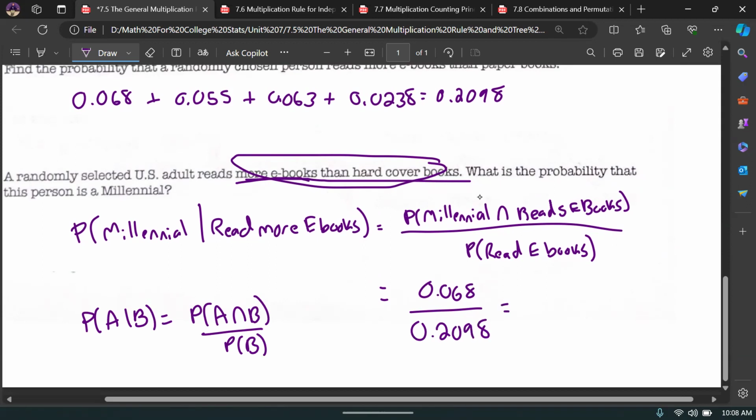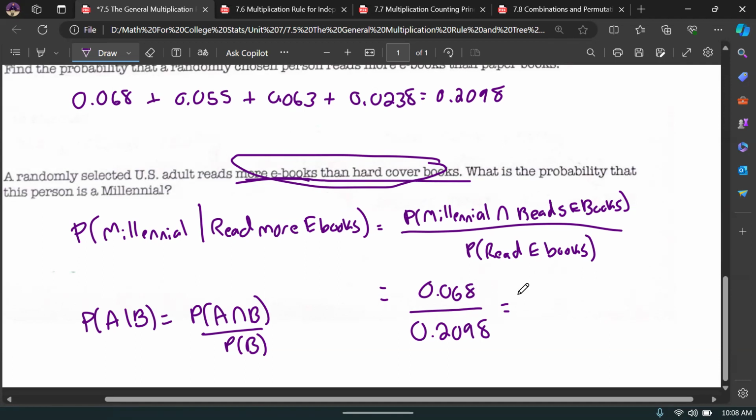So basically it's saying 21% of the population reads ebooks and 7% of the population, just rounding a bit here, are millennials who read ebooks. So 7% divided by the 21% is what we're looking at. So it's probably going to be about a third.